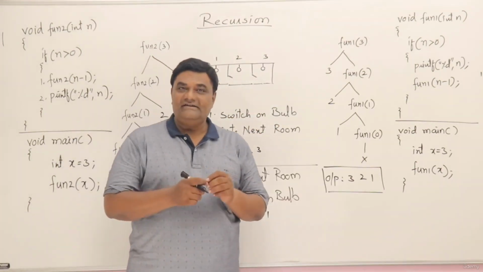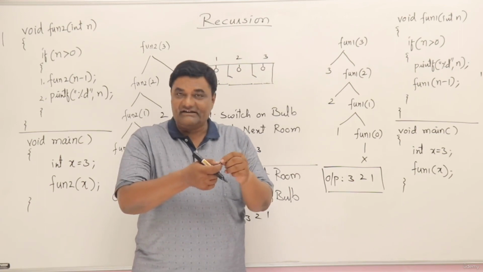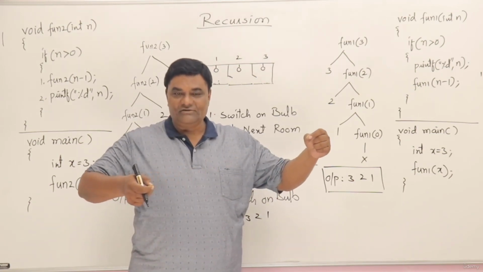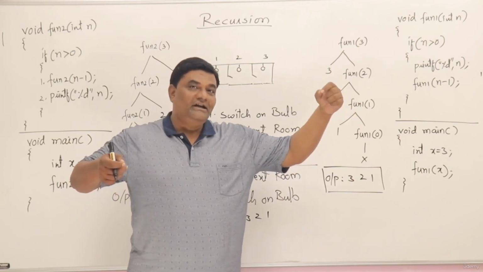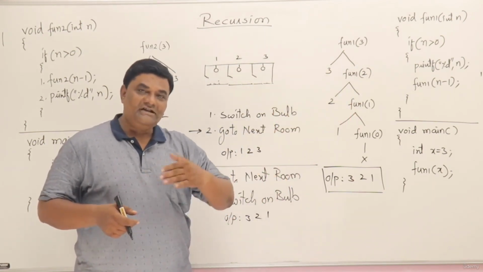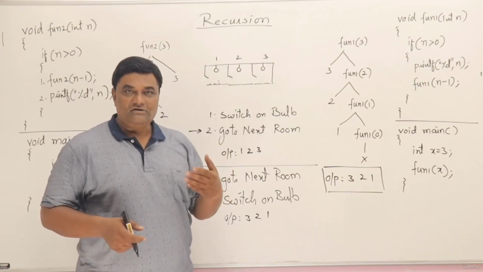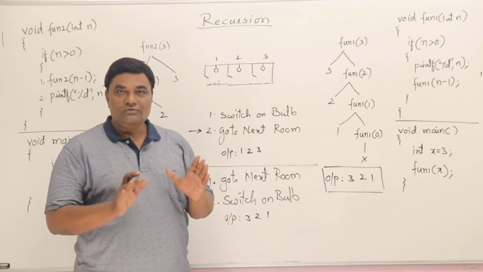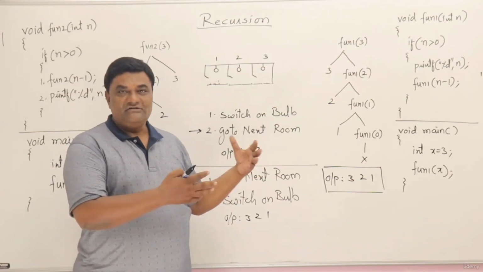So finally I can say that recursive functions are just like a rubber band. If you stretch a rubber band, pull it, so next. If you release, it will come back. So in the same way, recursive function call and then return. So there are two phases. So that's how these are compared.